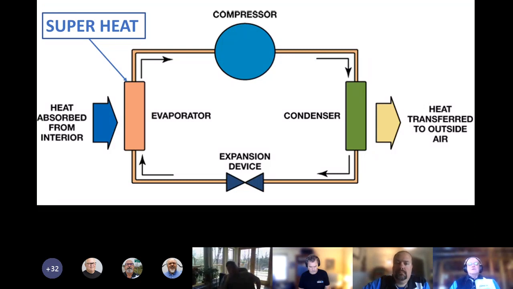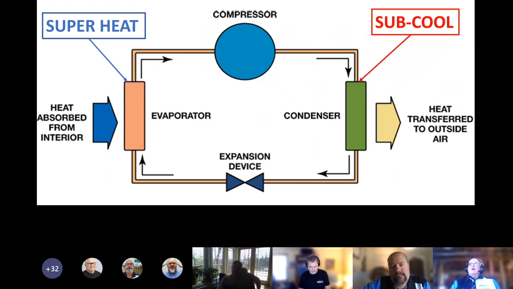But that heat is now transferred to the refrigerant. The refrigerant then goes into the compressor, comes out of the compressor into the condenser, and here we are cooling the refrigerant by passing air across the condenser, which transfers the heat from inside the refrigerant to the outside air.